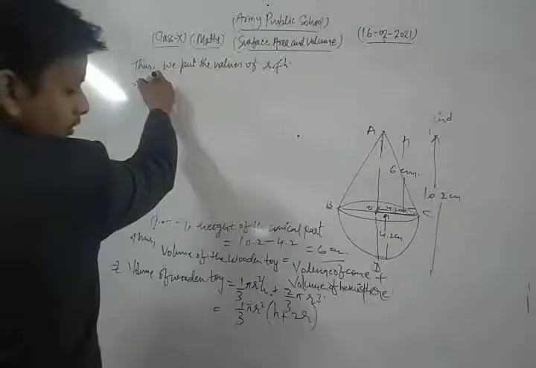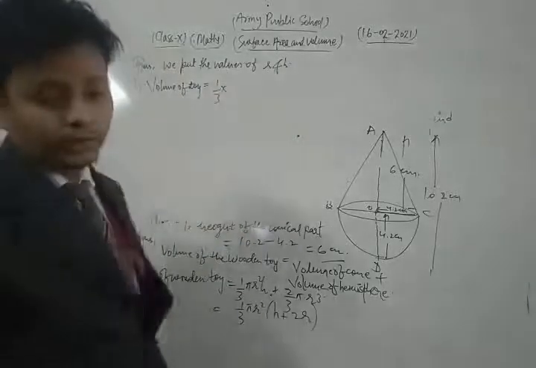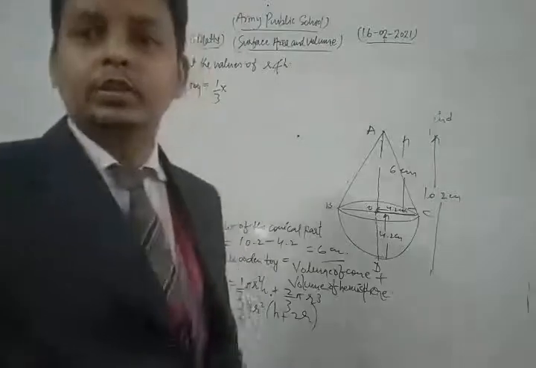Volume of toy is equal to 1 by 3 pi r square into h plus 2r. The value of pi, you know that very well.